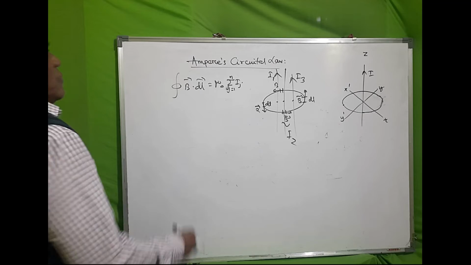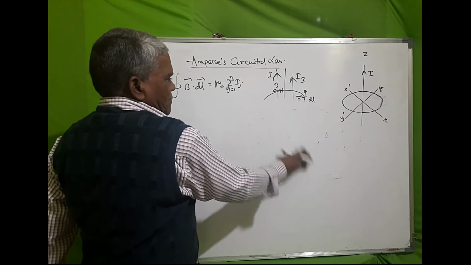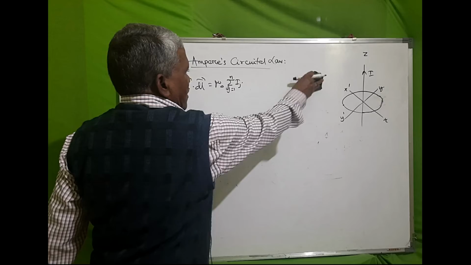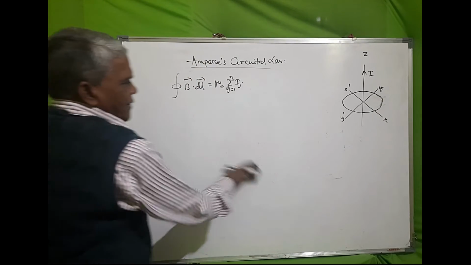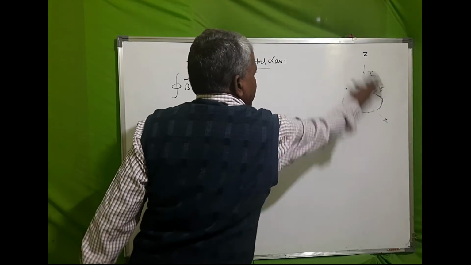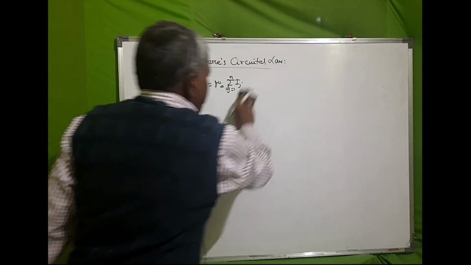This law is found to be applicable for determination of magnetic field in case of complicated circuits or diagrams like solenoid and toroid and long extended cylindrical surfaces.